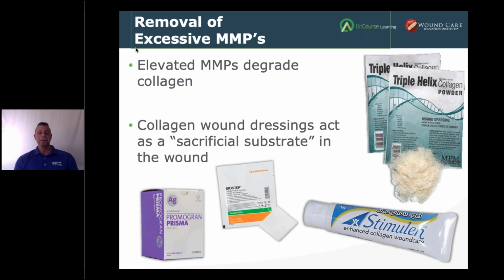Now, the use of collagen dressings, they sometimes literally can act as, I like to say, the sacrificial lamb, okay? We throw them out there for these MMPs to go after, which then they lay down their life in a way, so to speak, in order for the collagen your body's producing to stay healthy and intact and ultimately close that wound.